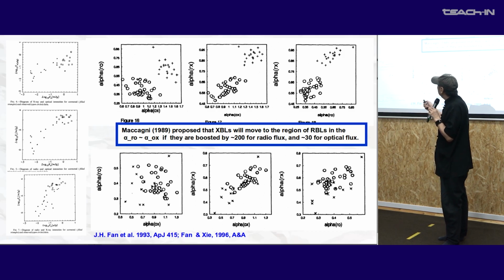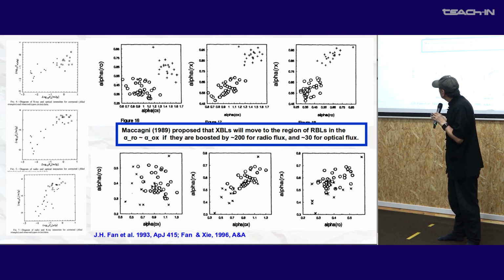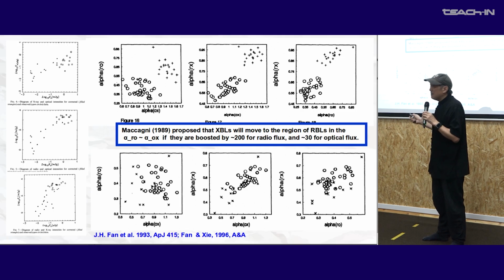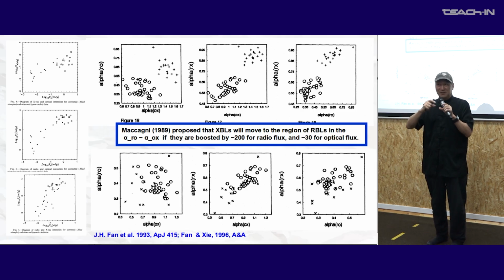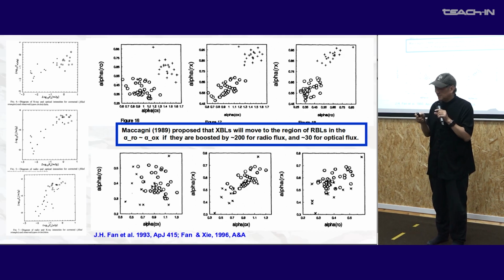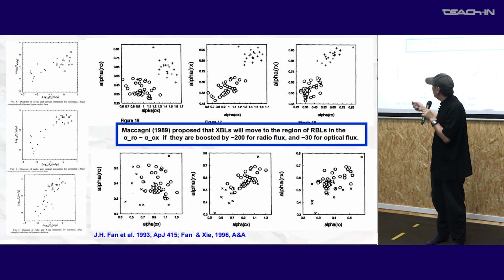The observed value is this way, and this is the radio and X-ray. So the correlation is not so good. But if we consider this Doppler factor effect and get the intrinsic flux density, the intrinsic values show better correlations.